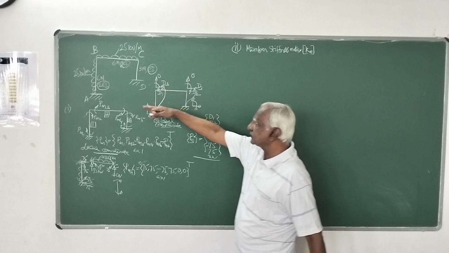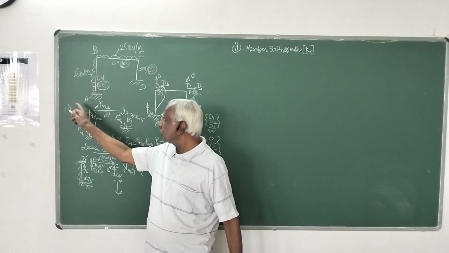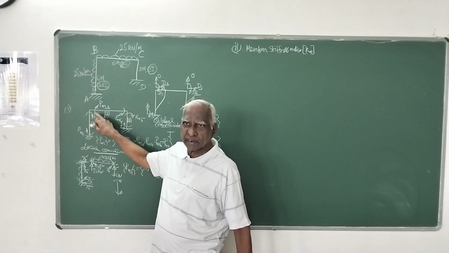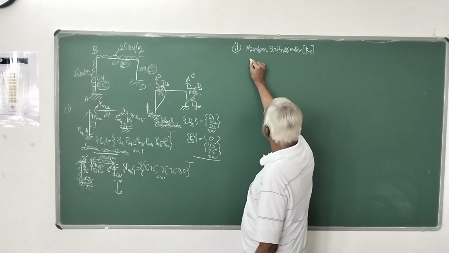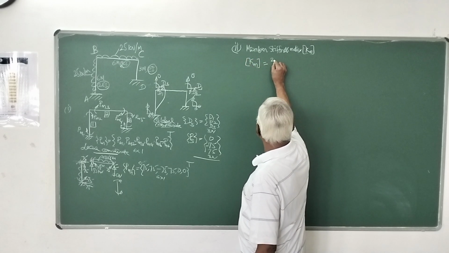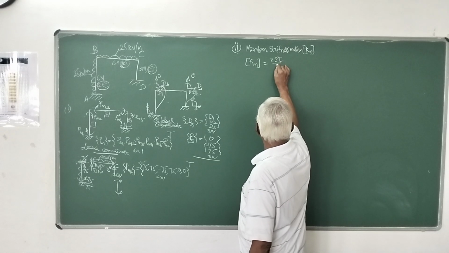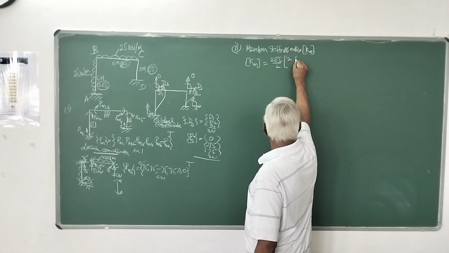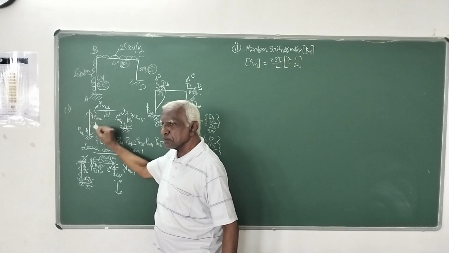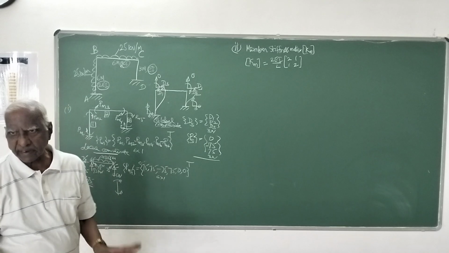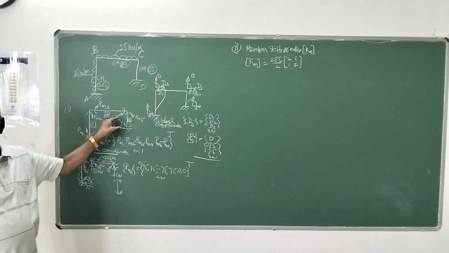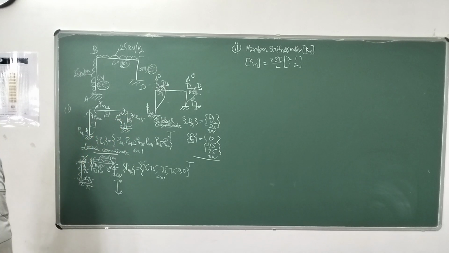Each is a beam member. So treating end moments as the unknown member forces, the stiffness matrix is given by 2EI by L times [2, 1; 1, 2]. That is the member stiffness matrix corresponding to the 2 end moments. It has to be a 2 by 2 matrix because there are 2 end moments for each member.